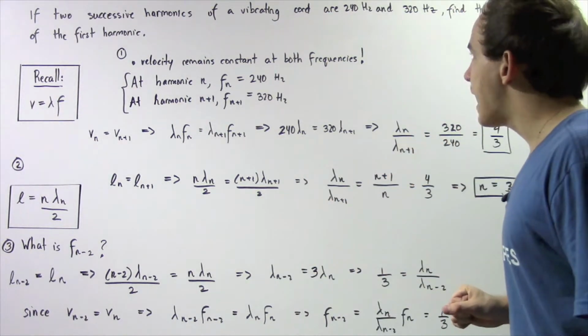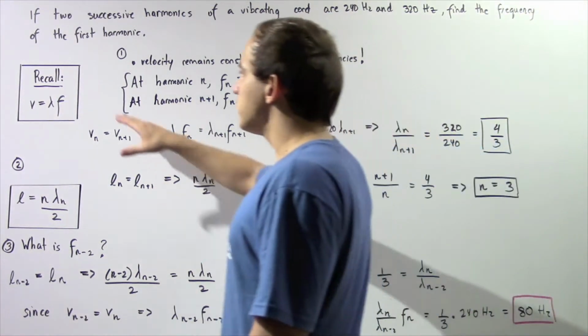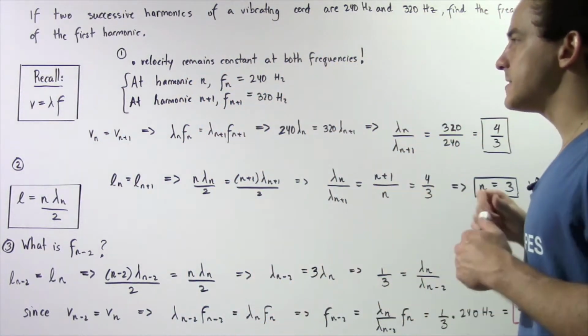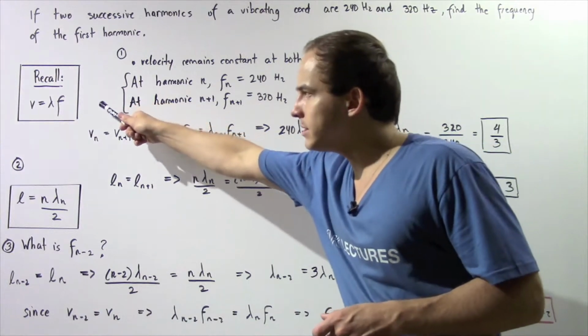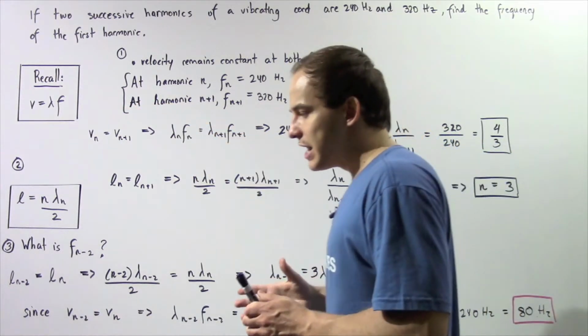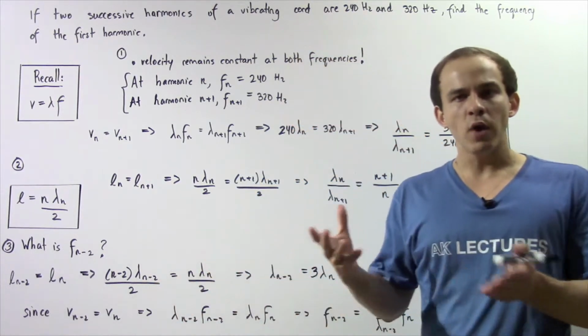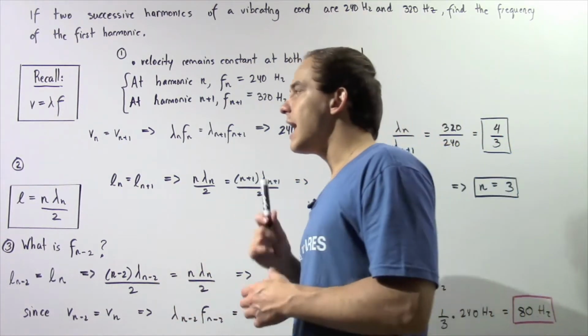Before we begin our calculation, let's recall the following two important formulas that we'll need to use in this problem. Formula number one states that the product of the wavelength and the frequency of our wave is equal to the velocity.